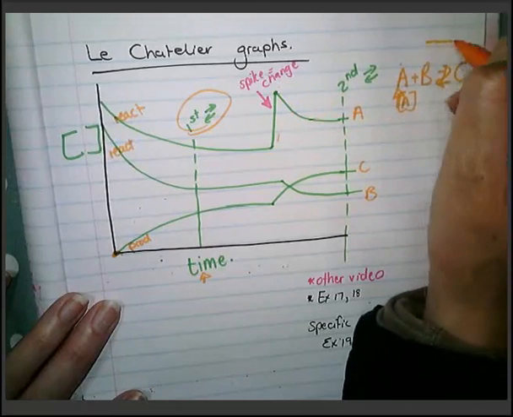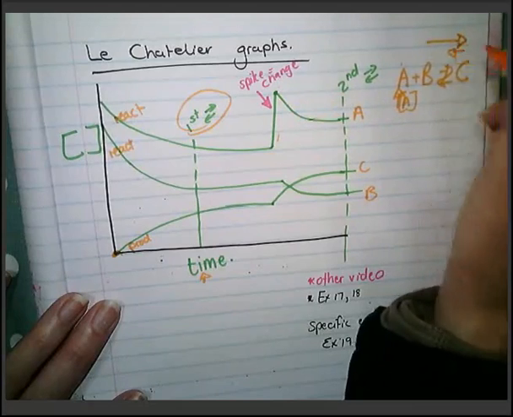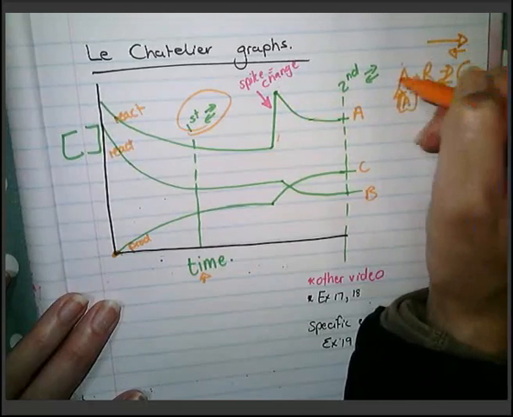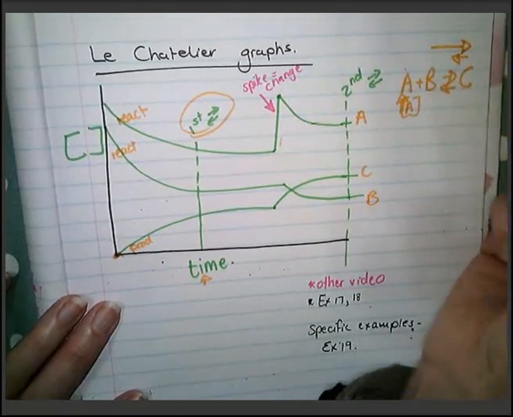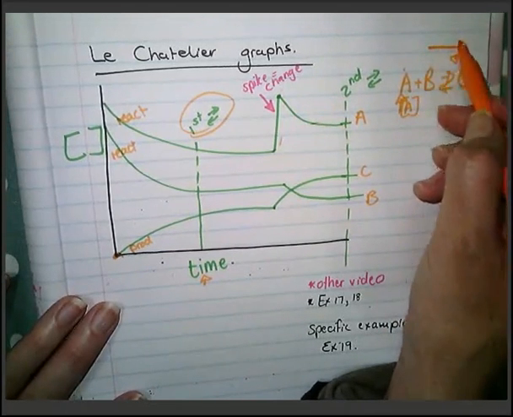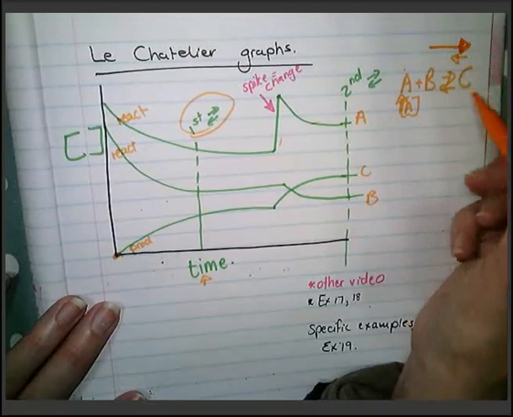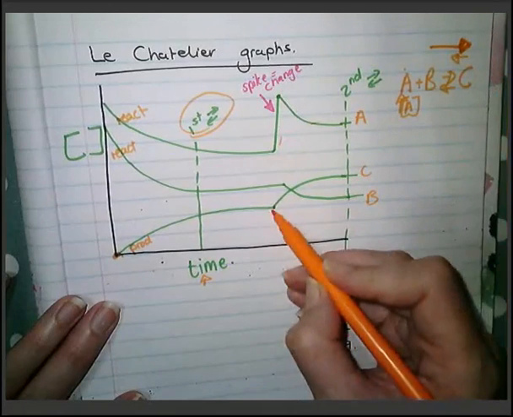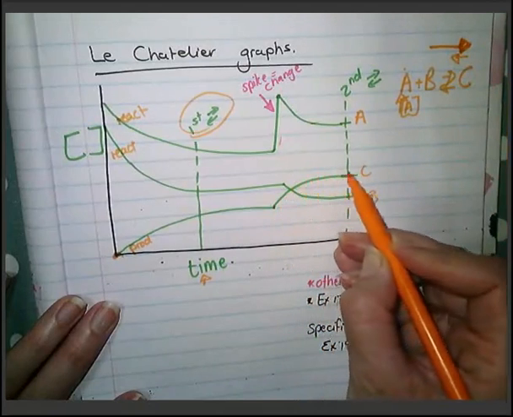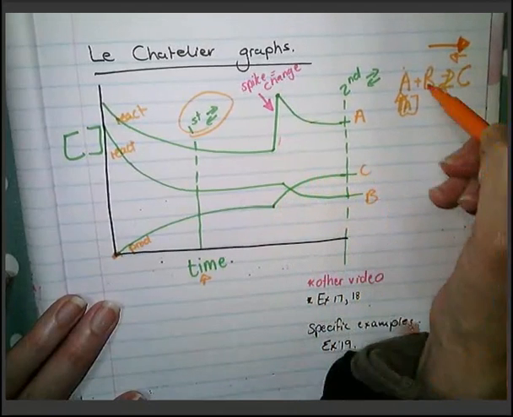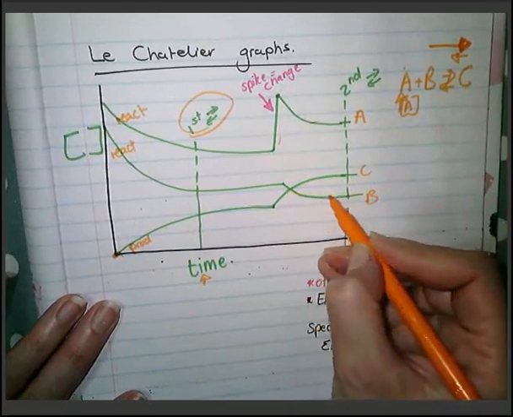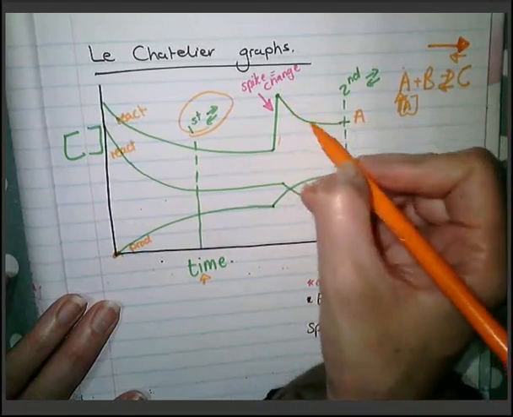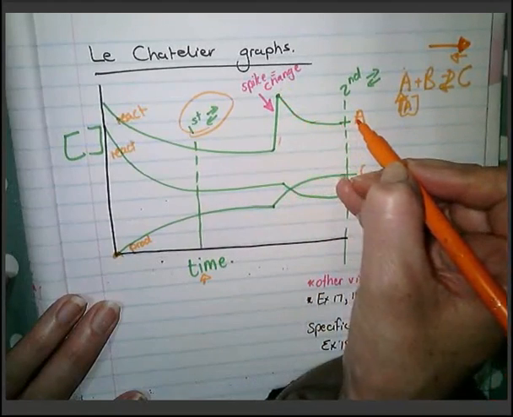It biases the forward reaction, because the forward reaction uses A to form C. Now, if the forward reaction is biased, more of C will be formed. Do you see here? More of C is formed. But B is also used with A to form C, so B will decrease as A is decreasing. Okay?